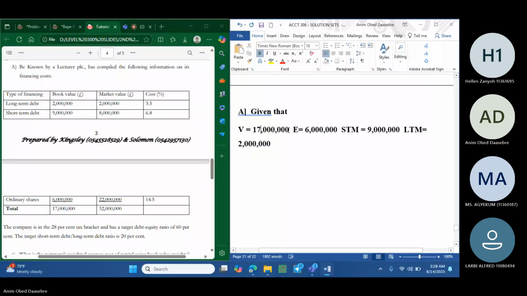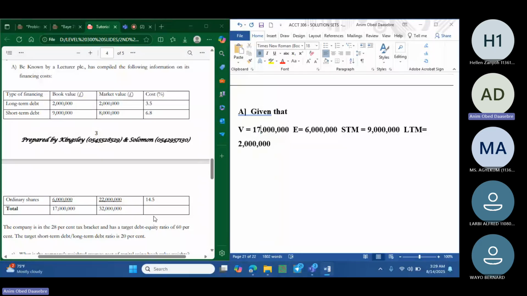Can you come again with what you just said? We are saying that we should find WACC using book value. And the table has given us book value, market value, cost of capital for each. So if you want the total book value for all the three sources of fund, the book value is the summation of all the sources: 2 million, 9 million, 6 million.